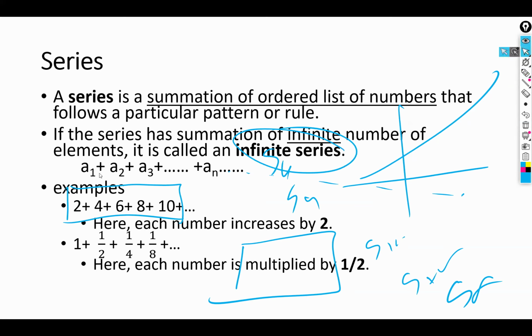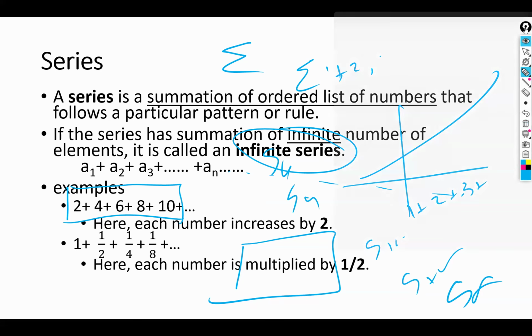Okay. Remember the summation, how we show it using sigma. Right? For example, 1 plus 2 plus 3 is actually sigma. 1 plus 2 plus 3 plus, so therefore what is the nth term?